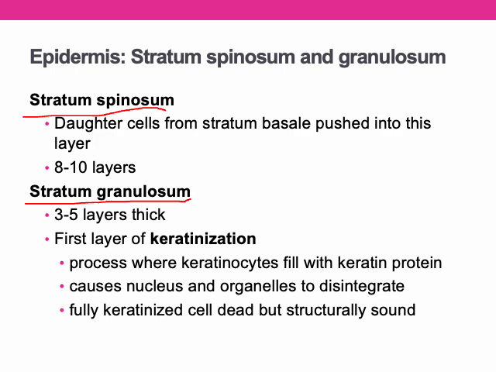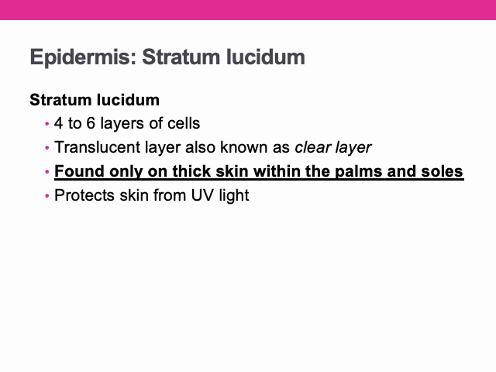The cells are still living in this layer, so once again, stratum basale, stratum spinosum, and stratum granulosum have living keratinocytes, but once the cell is fully keratinized, the cell is dead, but thanks to keratin, the structure is still maintained. Stratum lucidium is the layer that contains dead keratinocytes.